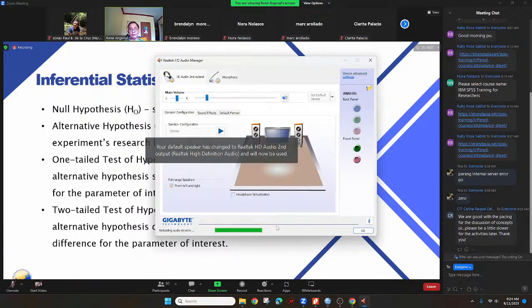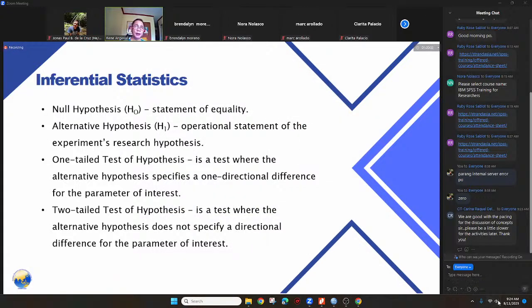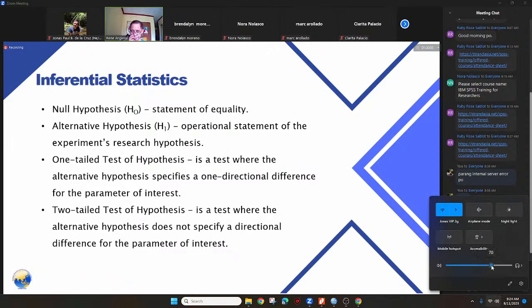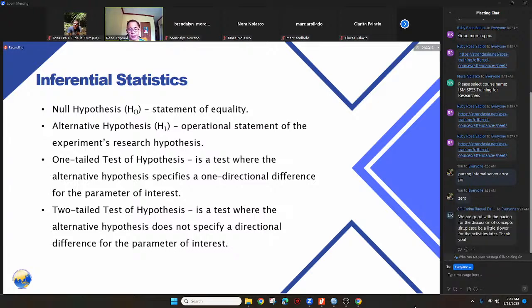However, if you specify that the average IQ score of the students coming from provincial high schools is greater than or less than the average IQ score of the students coming from city high schools, then in this case, your alternative hypothesis is one-tailed. In the output of IBM SPSS, it is already specified whether it is one-tailed or two-tailed.